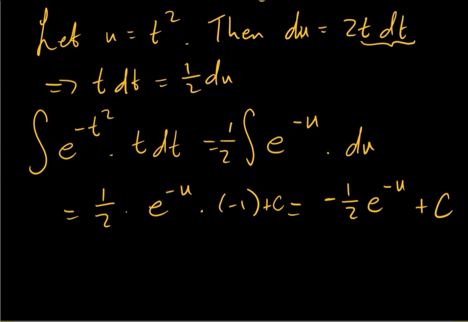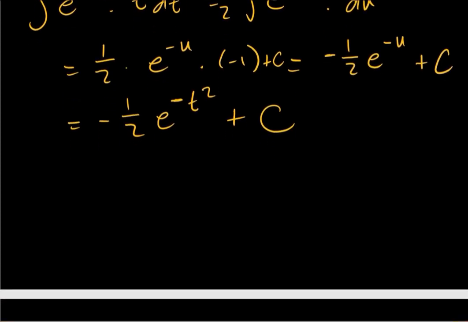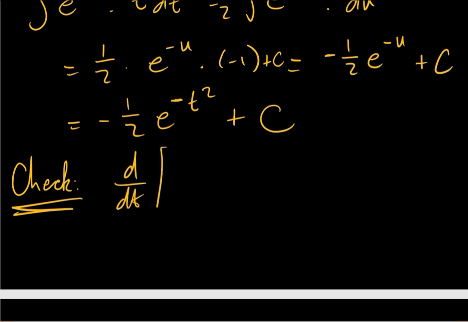And when we substitute it back, it's just negative a half e to the minus t squared plus c. And I suppose we can test it quickly. So let's just check if this is correct. So let's check the derivative d dt of negative a half times e to the minus t squared is equal to what?